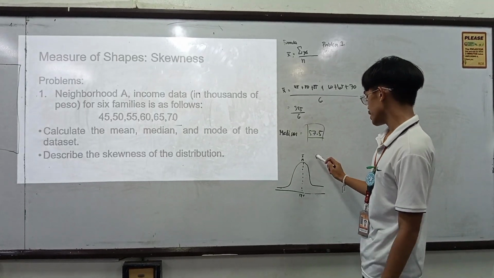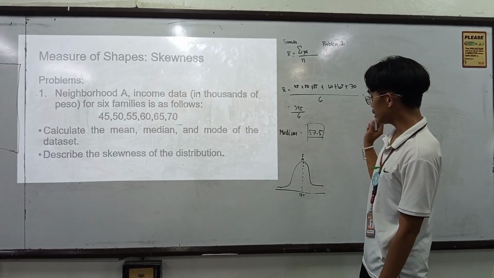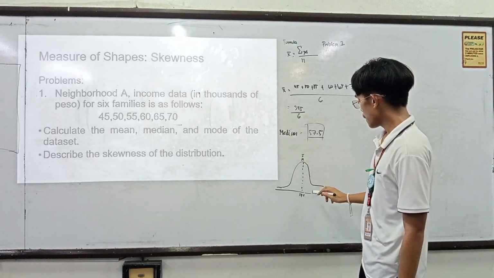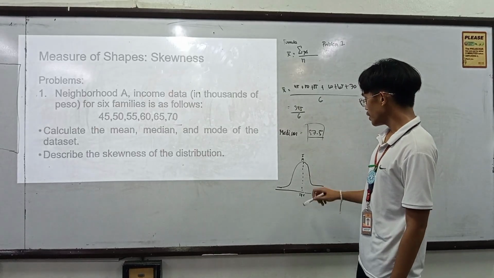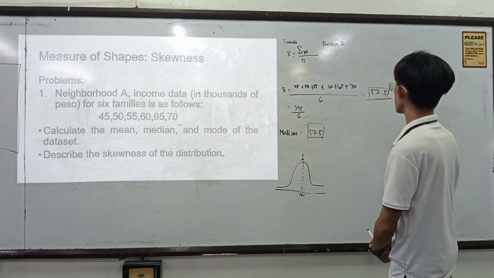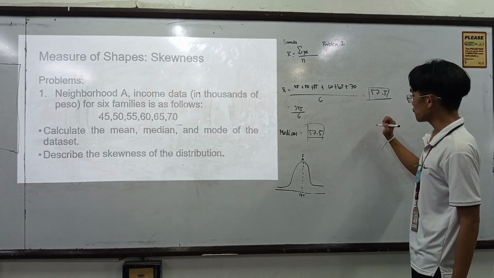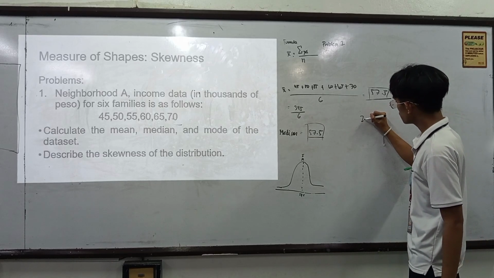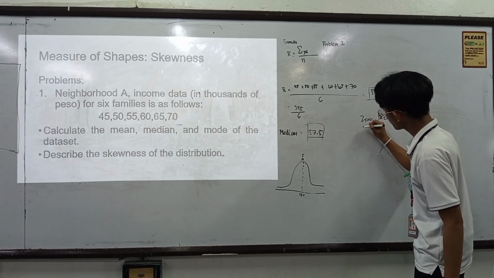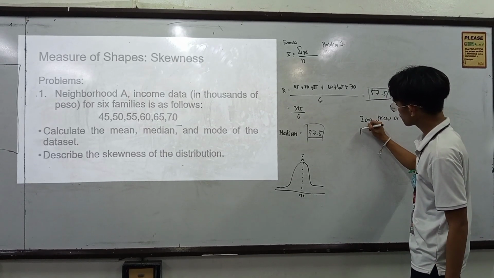The median is located here, and the mean is also located where the median is, because the value of the median is also the value of the mean. So this is an example of zero skew, or rather, normal skew.